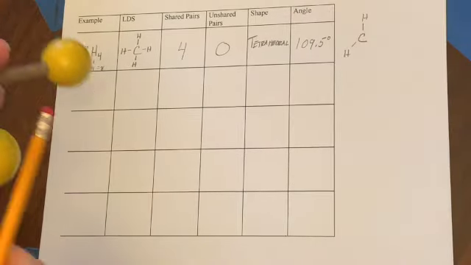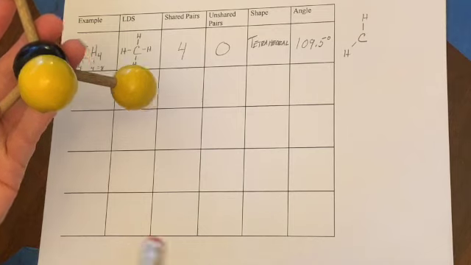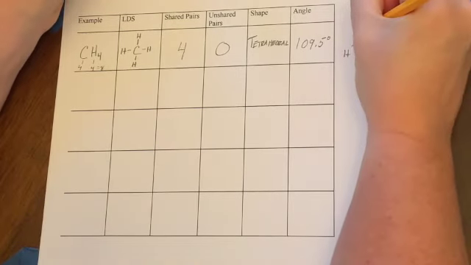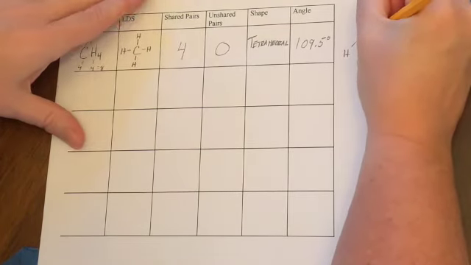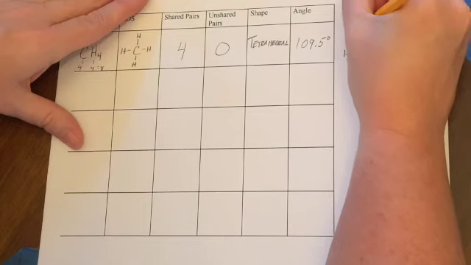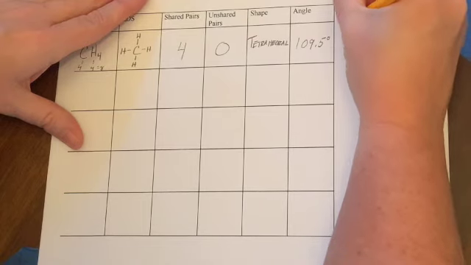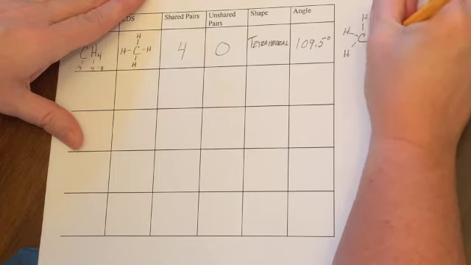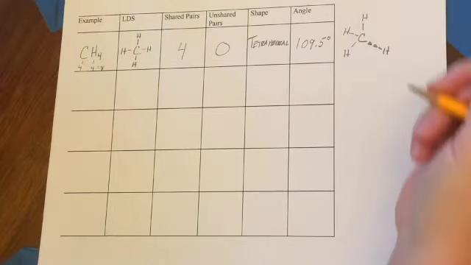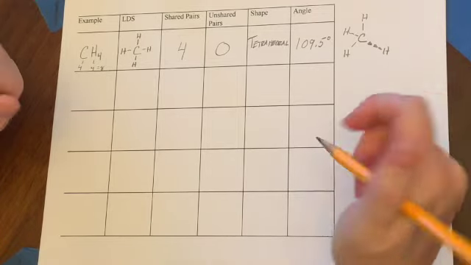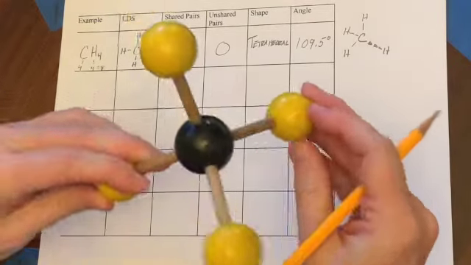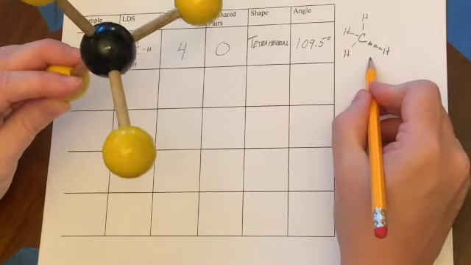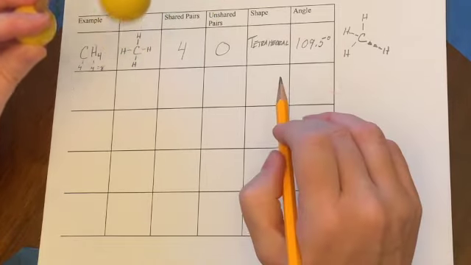Then one is going backwards and one is coming out towards the camera. To show that, I'm going to draw little dotted lines backwards and little wedges going forward. That's just to give a better idea of the three-dimensional characteristics of a tetrahedral. Again, you're not responsible for doing this, just wanted to show you.